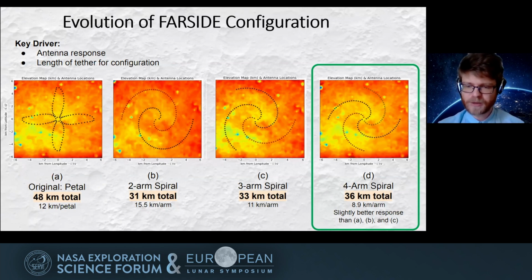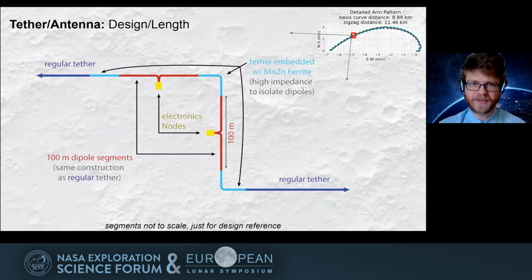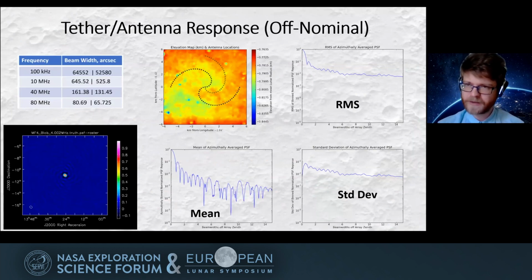So teaming up with JPL, the FARSIDE team and some other engineers did a bit of development and landed on this multi-rover design, with one rover per spiral arm. We are going with the 4 spiral arm design because it gives us really good responses, and it also has great redundancy.